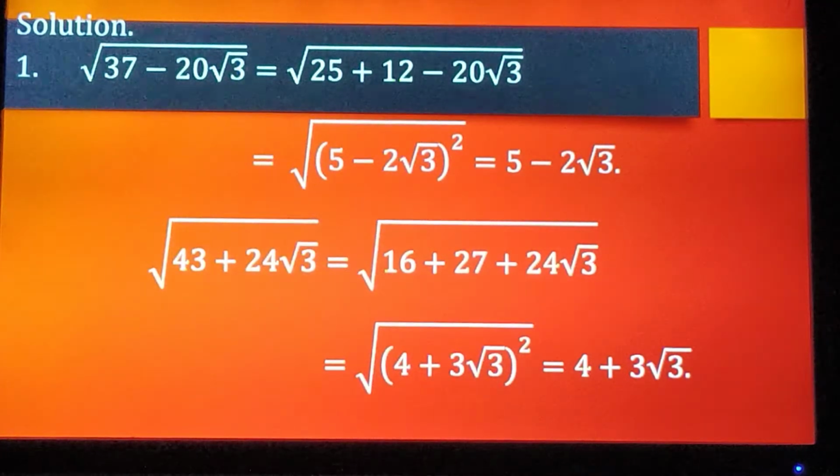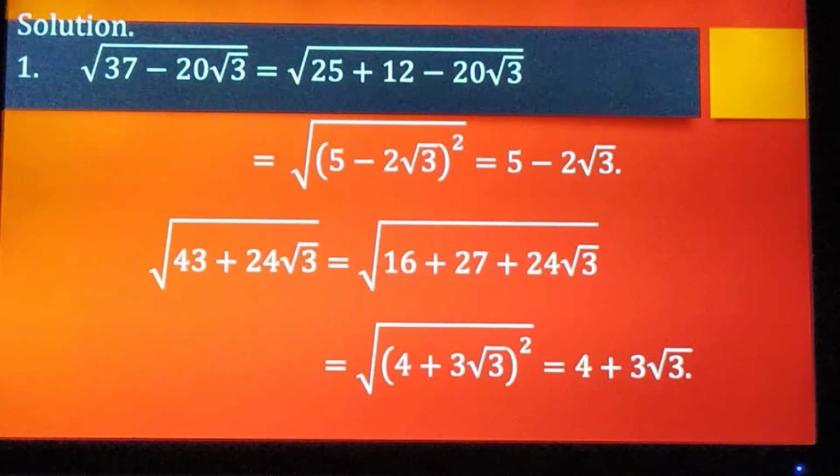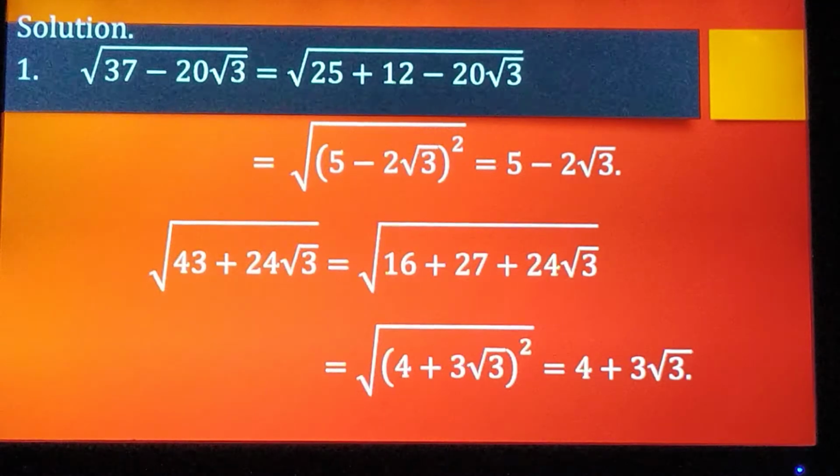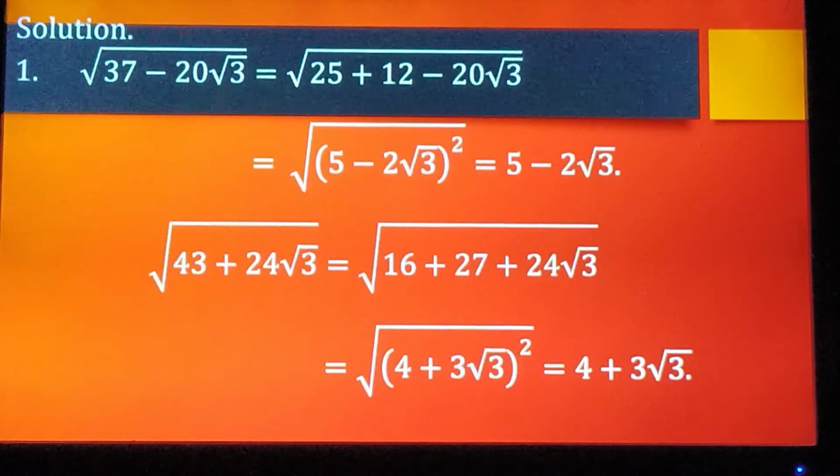The second radicand here is 3, and 12 is 4 times 3. So 4 is a perfect square, and therefore 37 should be written as 25 plus 12, not 1 plus 36 or 4 plus 33 or 16 plus 21 and other choices.